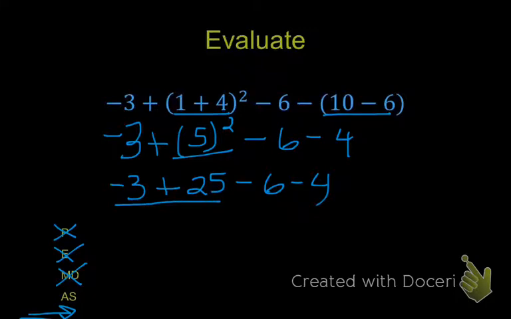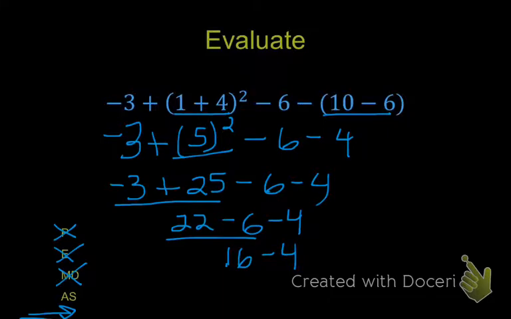I do see it's addition, but with different signs, I'm actually going to end up subtracting 25 minus 3, and that gives me 22. Minus 6 minus 4, so now I do 22 minus 6. That gives me 16, and 16 minus 4 gives me an answer of 12.